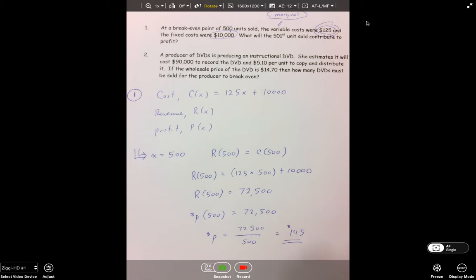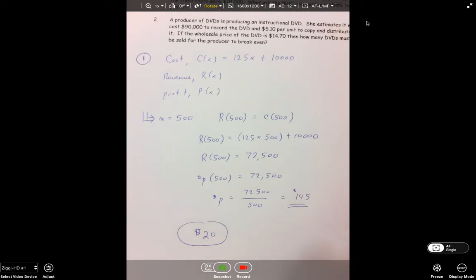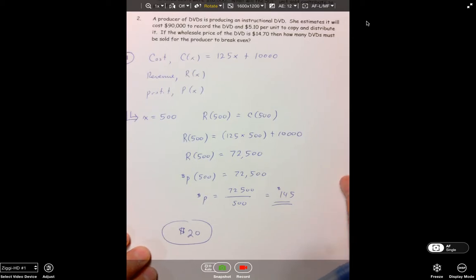Because the fixed cost is held constant, when the product is sold at $145 and the variable cost per unit is $125, the difference, $20, has to be the amount of profit that goes for the additional unit.